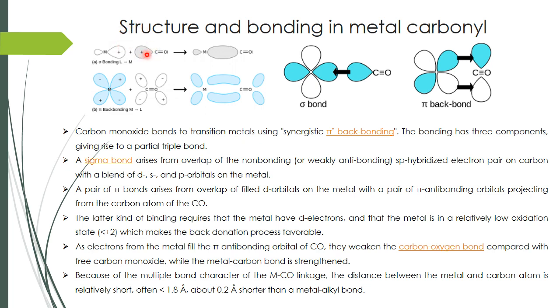The ligand has filled pi orbitals and the metal atom has empty d orbitals, so the electron density flows from ligand to metal. Charge transfer takes place from ligand to metal, so the ligand acts as donor and the metal acts as acceptor.